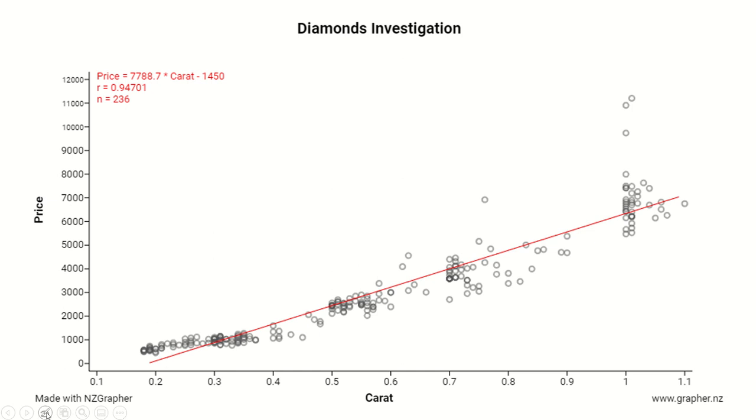So what I want to know is where does it not fit as well. And so I can look and say, for example, down the bottom here, you'll notice that trend line, particularly in this part there, is underneath the data. So in this particular section, between about 0.2 and 0.3 carats, the linear model that has been fitted is underestimating the actual price.